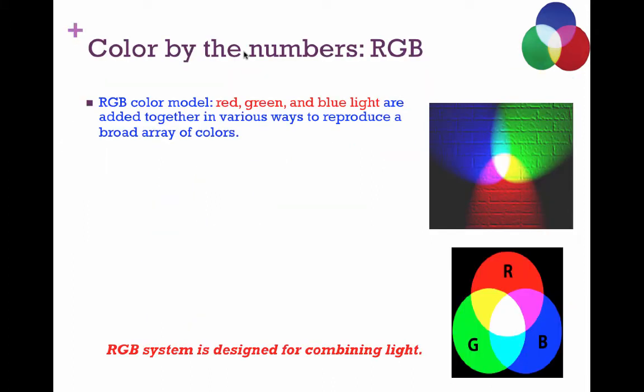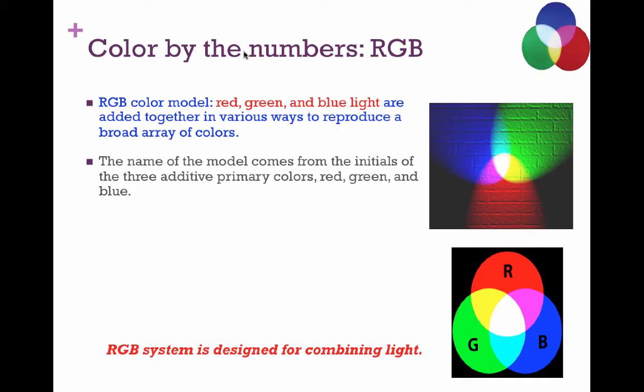So this RGB, red, green, blue color model was developed in order to add together 3 specific colors to reproduce a big range of colors. And notice that in red at the bottom here, I've written RGB system is designed for combining light, not paint, for example. The name of the model, the RGB system, comes fairly simply from the initials of red, green, and blue.